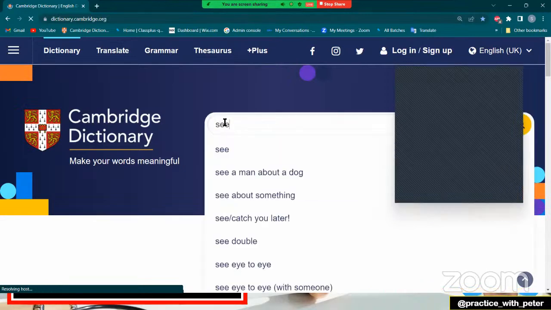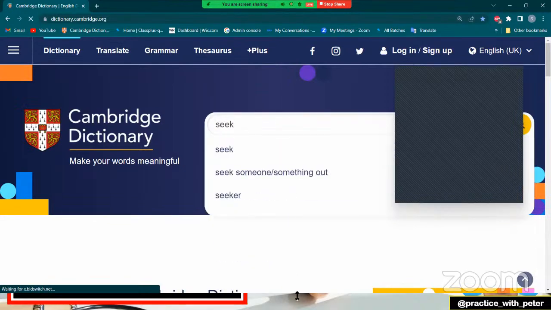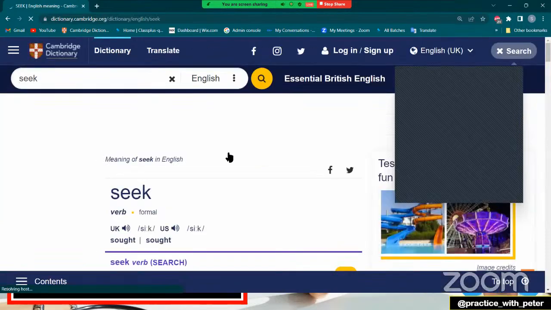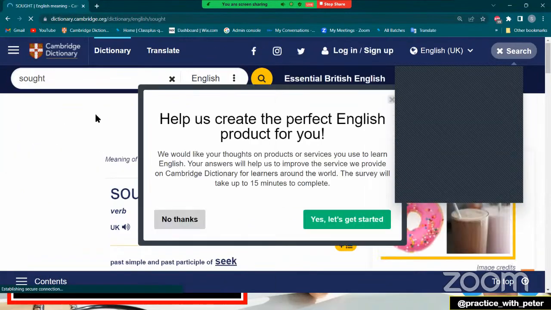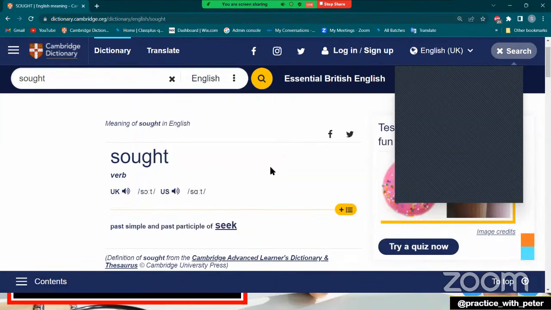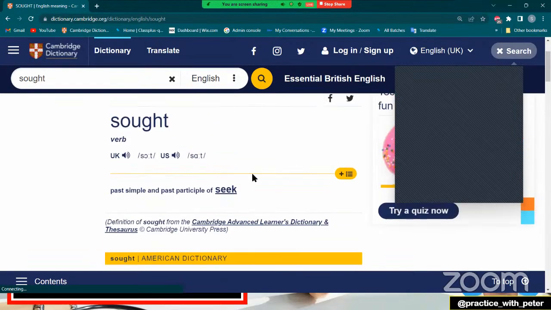Is it a very excellent word? I believe, yeah. Seek is a B2 word, formal. Okay. The past tense is sought.